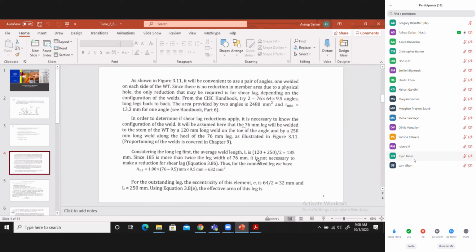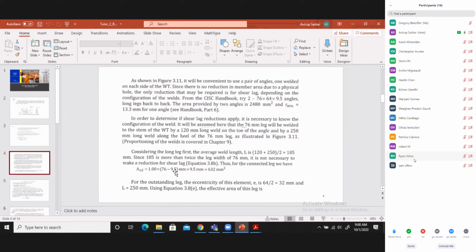Twice 76 gives me 152, and the average length of the weld is 185 mm. As we are checking whether shear lag reduction is necessary or not, we use equation 3.8b, and what we have got is that it is not required.